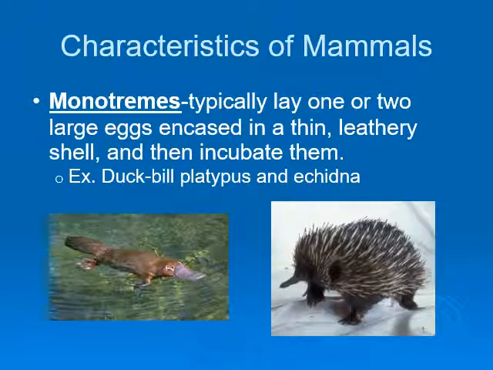So monotremes, like I said, there are only a couple examples of these guys today. They typically lay 1 or 2 large eggs that are encased in a thin, leathery shell, and then they incubate them. They lay on them sort of like birds do to keep them warm until they hatch. Our examples include the duck-bill platypus, shown in the picture on the left.